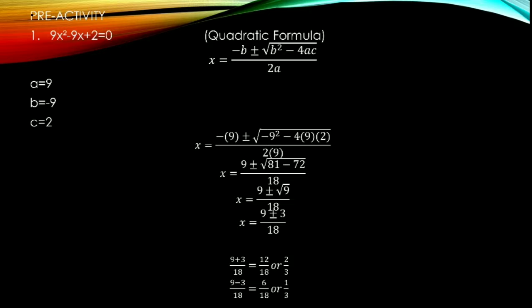So, 9 plus minus the square root of 9, which is 3, over 18. So, one solution is 9 plus 3 over 18 equals 12 over 18 or 2/3. Or 9 minus 3 over 18 equals 6 over 18 or 1/3.